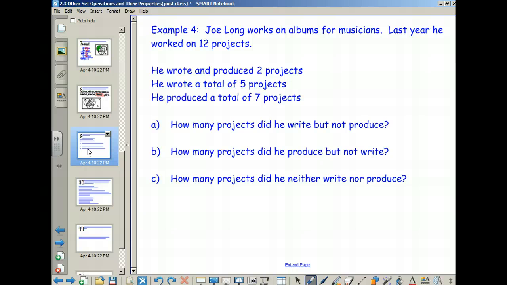He wrote 5 and he produced 7. And I've got some questions after that. The whole idea is for us to create a Venn diagram so that the questions are really obvious and easy to answer. Okay, so the first question I need to ask you guys is, how many circles do I need in this Venn diagram? 2. All right, so let's start there.